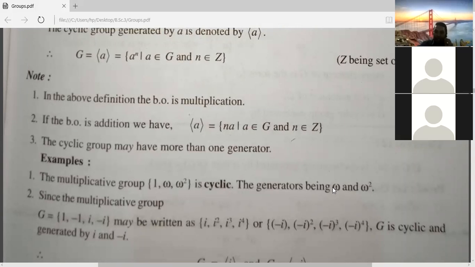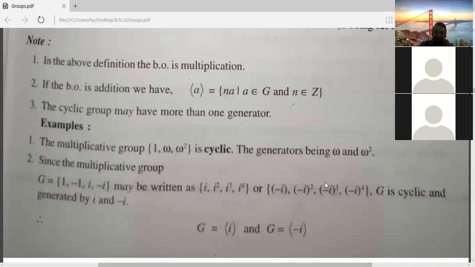That's why omega is a generator. Similarly, with omega square to the power 1, omega square to the power 2 and omega square to the power 3, we can express all the elements of this set as powers of omega square. That's why omega square is also a generator.